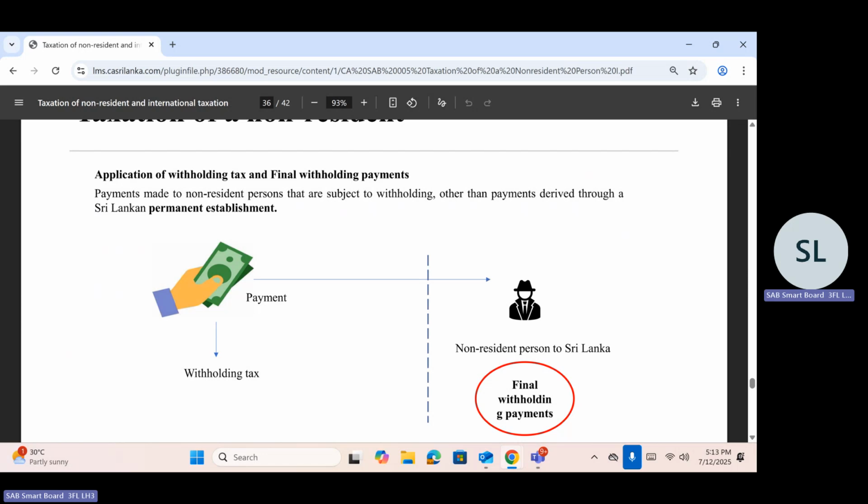Whether it is liable for Sri Lanka tax or not is as per the domestic law. If the domestic law says it is exempt, that exemption is available to non-resident taxation. Right? Otherwise, it is subject to tax, and it is subject to withholding tax. It is called a final withholding payment.